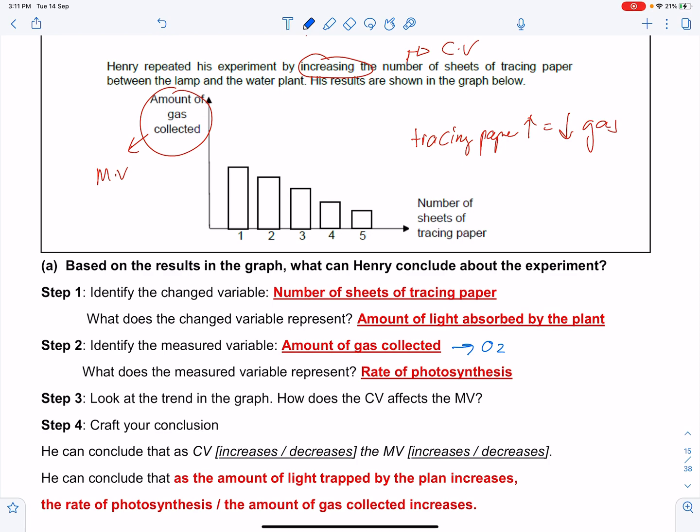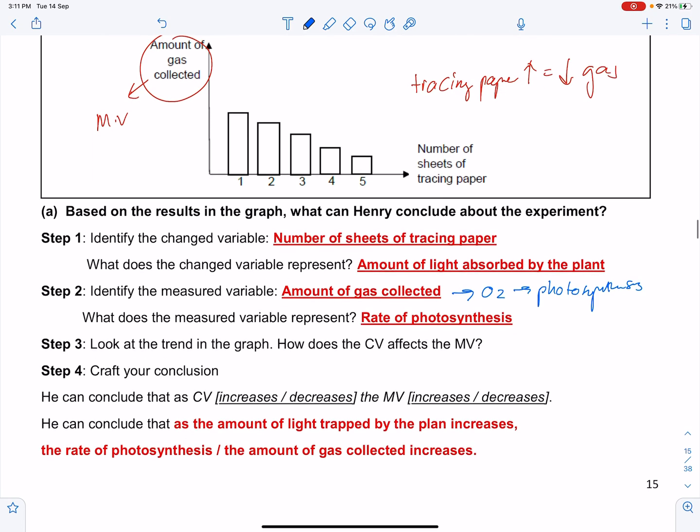And since oxygen is produced from the process of photosynthesis, we know that more oxygen equals to more photosynthesis. And that's how you're able to relate it. So basically, in conclusion, he can conclude that as the amount of light trapped by the plant increases, the rate of photosynthesis increases also. Alright?